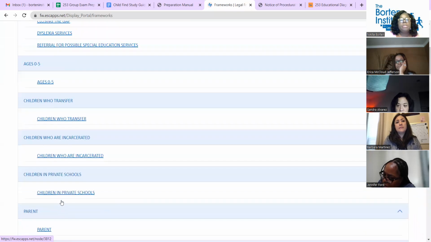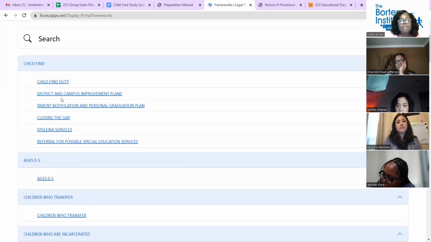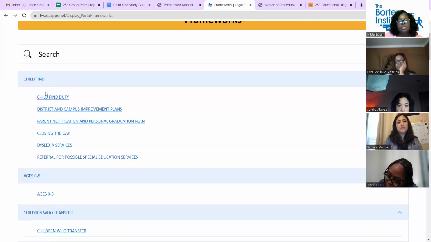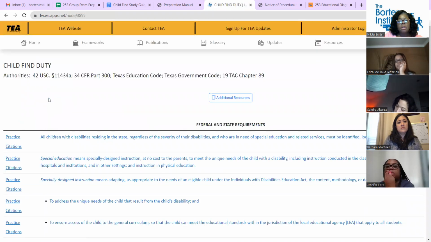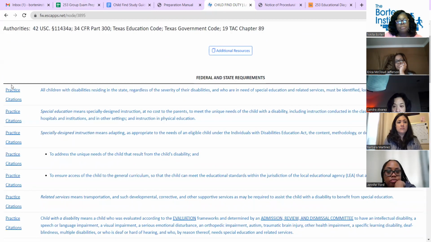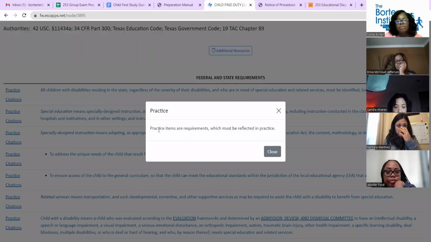Okay, so I'm going to click on child find. That's the very first thing at the top of this page. The first framework you see is child find. When you look at the child find law, over here, you're going to see some coding. This practice, if you click on it, it tells you practice items are requirements which must be reflected in your practice and what you do.